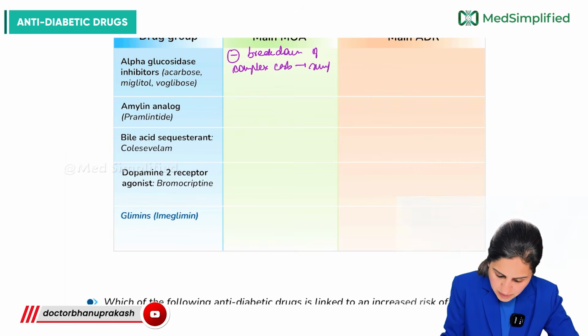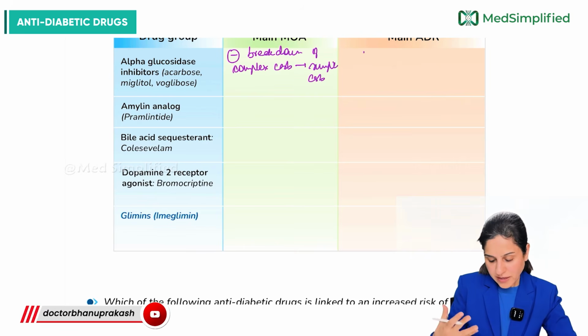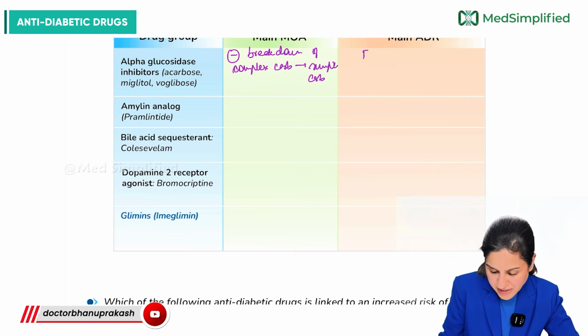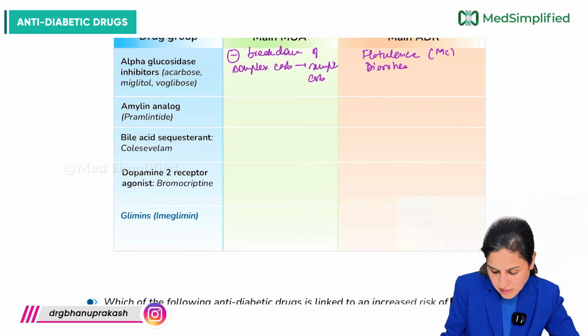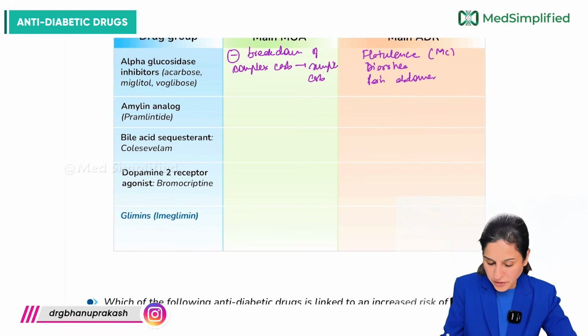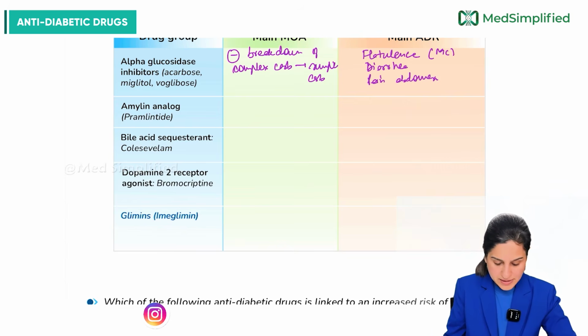The main adverse effect, which is very common and disturbing, is flatulence. There can also be diarrhea and abdominal pain. That's why patients don't really tend to take it that often, because of flatulence.